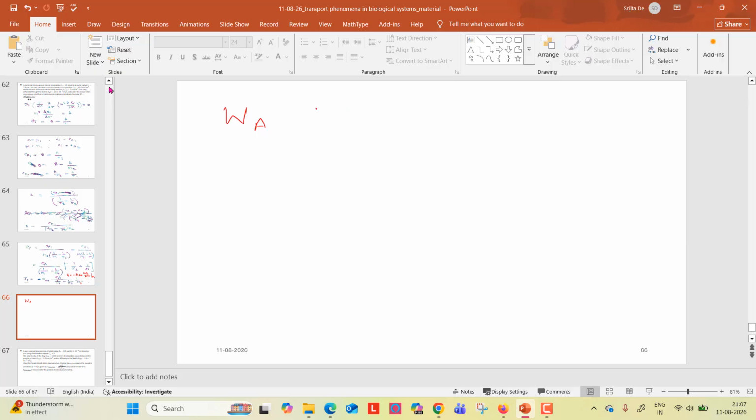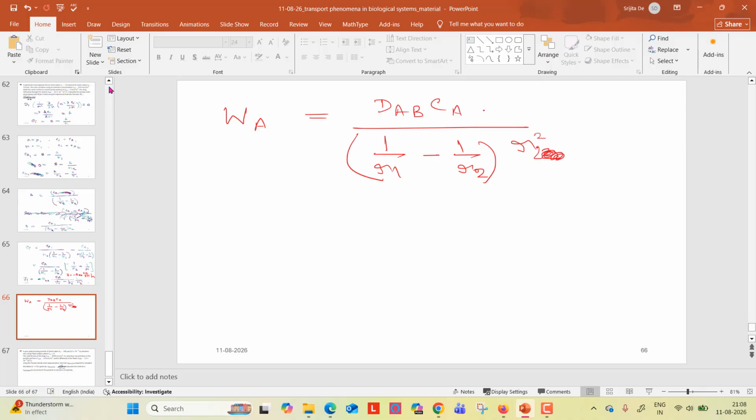It is DAB CA divided by 1 by R1 minus R2 into R2 square, into 4 pi R2 square. So this will cancel out, so it will be 4 pi DAB CA by 1 by R1 minus 1 by R2.